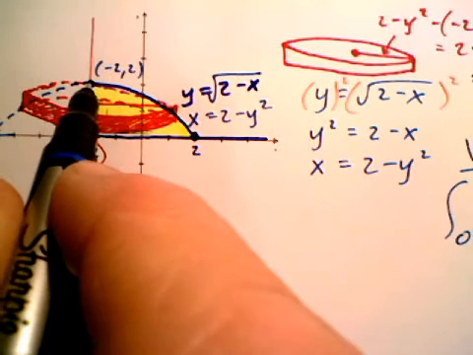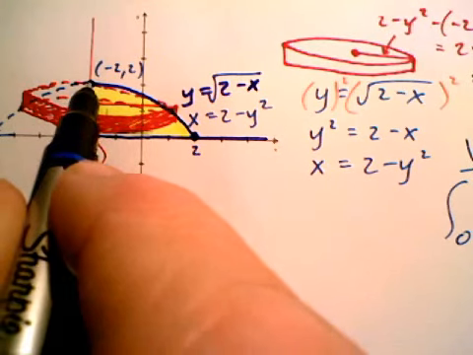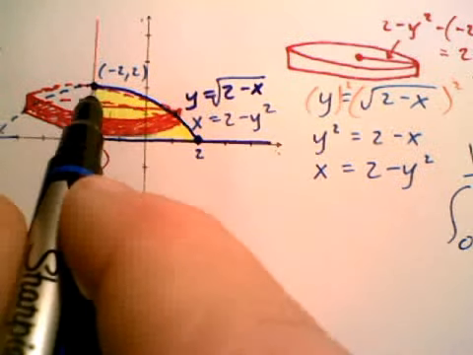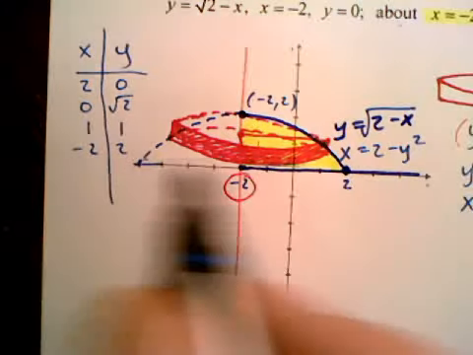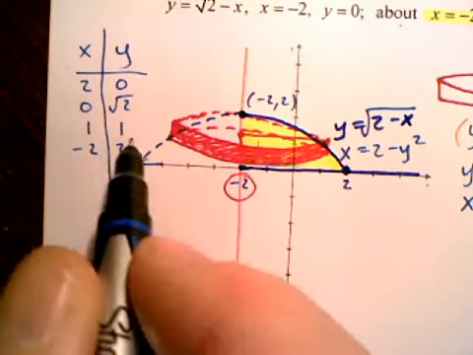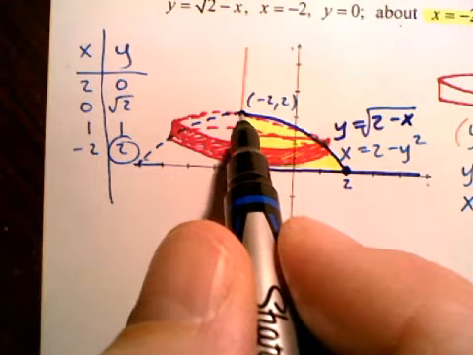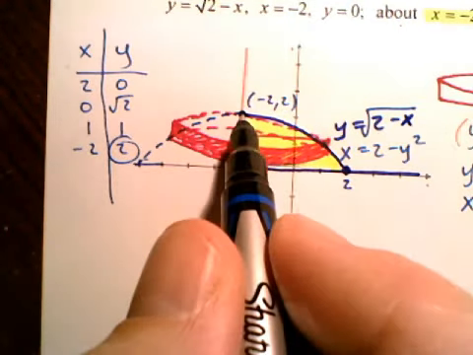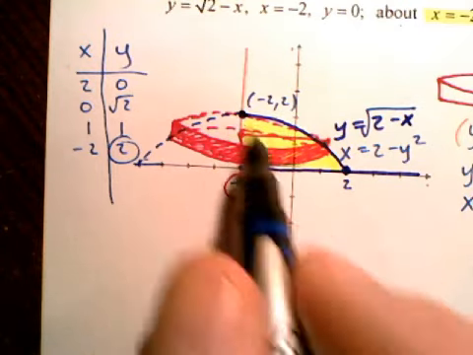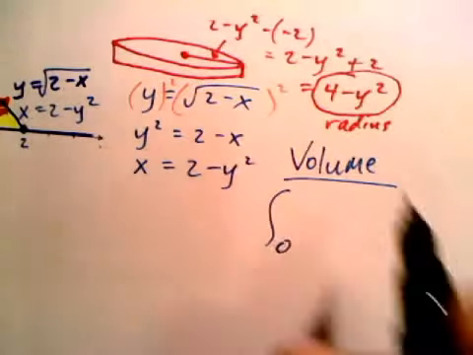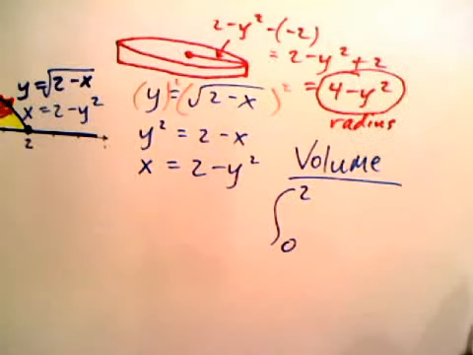They end at the y coordinate of the highest point, which I actually got already by plotting points to draw this graph. The y coordinate of the highest point is 2. It's the y coordinate of that point of intersection right there. So 2 is the highest point, 0 is the lowest point. So we're going to integrate from 0 to 2.